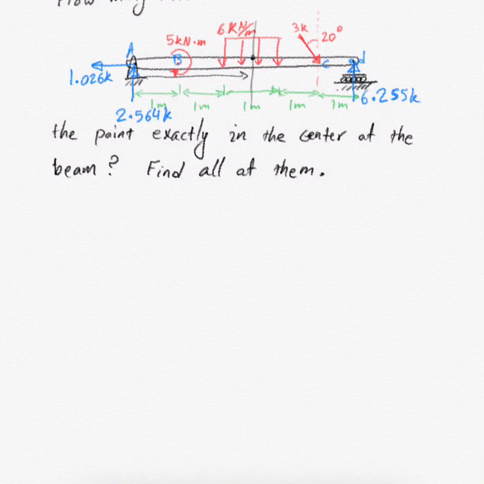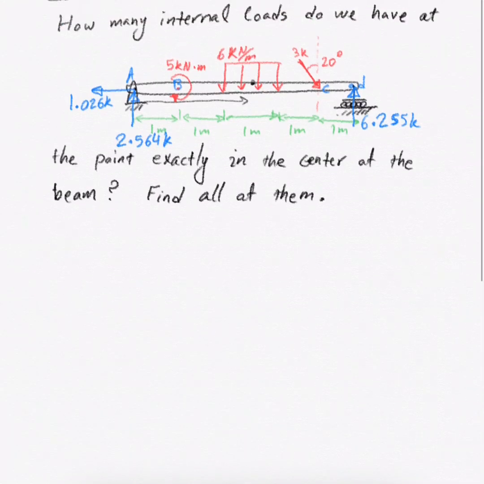Okay, so now the objective is to find the internal loading at the very center of the beam. That means 2.5 from either left or right. So what I'm going to do right now is cut it in the center, right here.